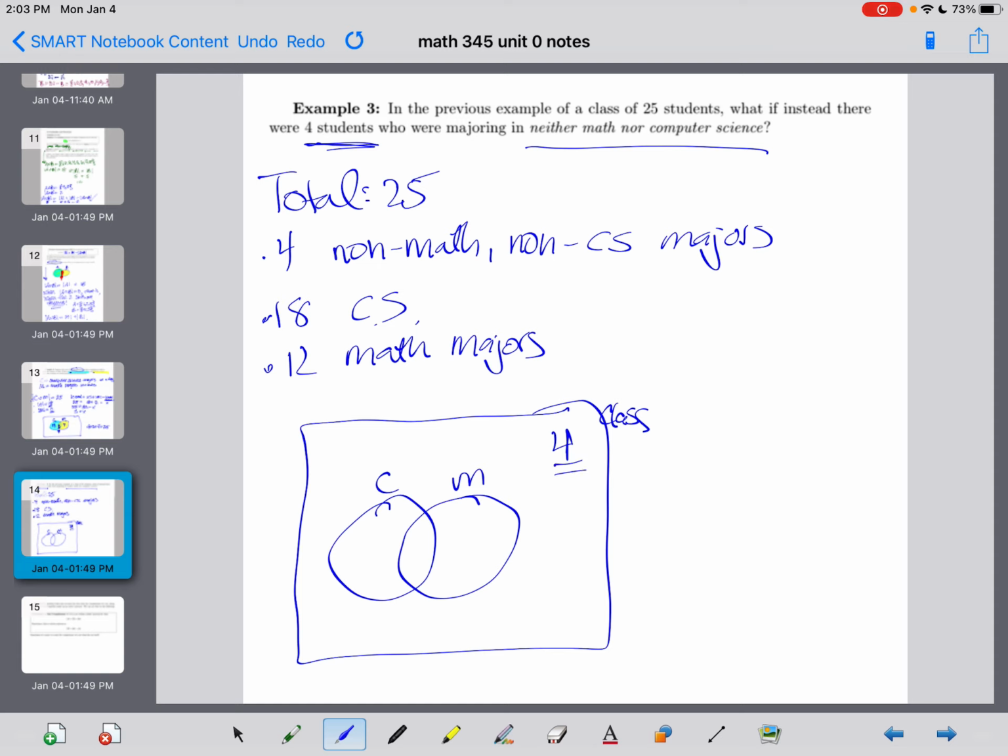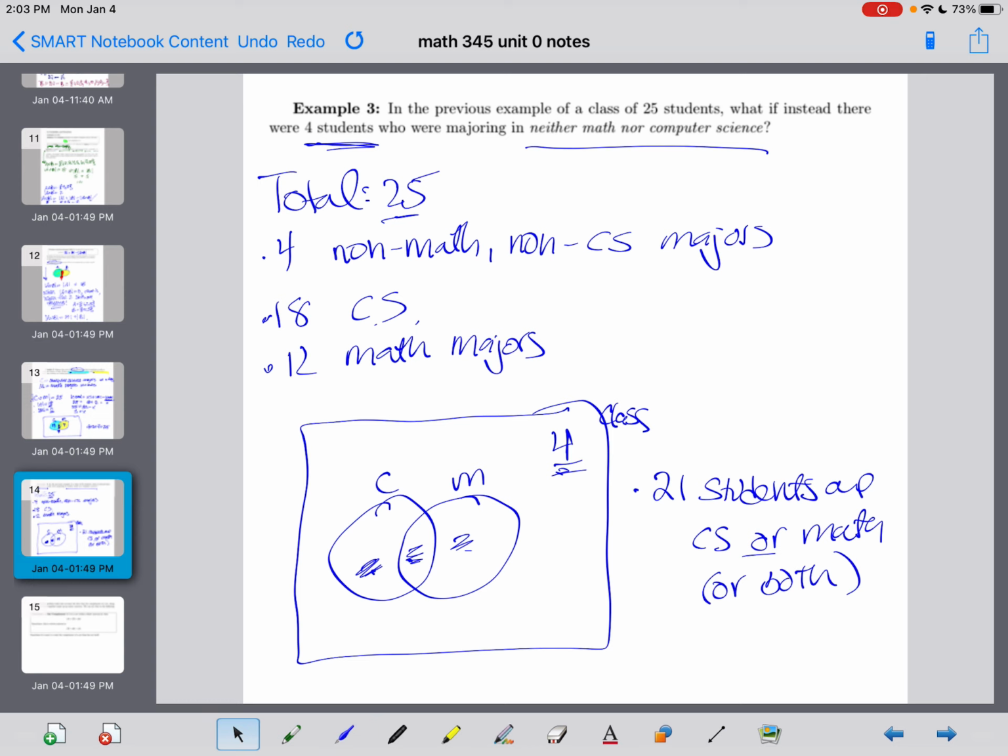And so what we have to account for is the fact that when we add up the number of students who are just CS majors and the number of students who are double majors and the number who are just math, it's not going to add up to 25 anymore. Instead, I want it to add up to only 21, because I want to make sure that when I add up these 4 sections, it all adds up to 25. So that means there's 21 students that are either CS or math, or both.